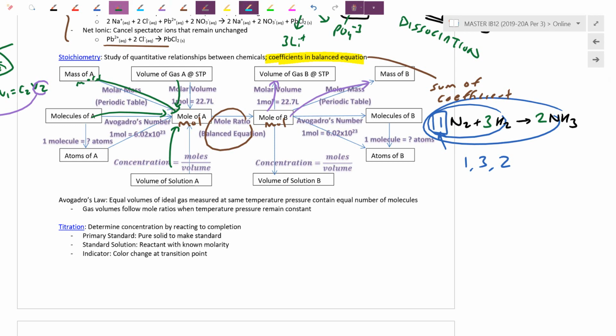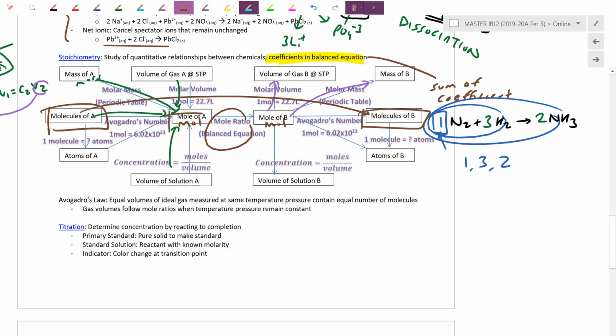Even if I went straight from molecules to molecules, your mole ratio would work. Moles to moles, your mole ratio would work. There's something we call Avogadro's hypothesis. For gases, their volumes only depend on your temperature and pressure, as long as there's no mention that temperature and pressure change.